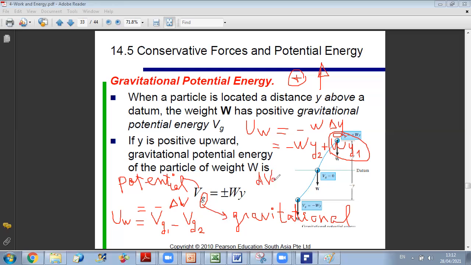If you derive the gravitational potential with respect to y, what do you get? The gravitational potential, when y is positive upward, is defined by Vg equals minus W times y.